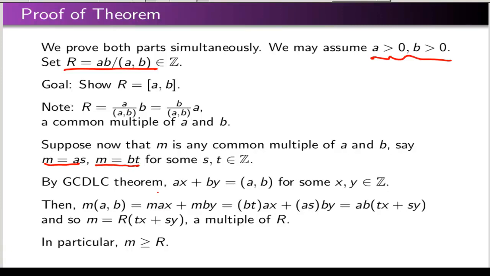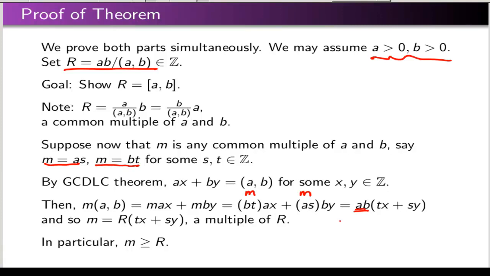Substitute in that M is BT in the first term, and substitute in that M is AS in the second term. And then we have a factor of AB common to both of these. And then finally just divide both sides by the GCD.